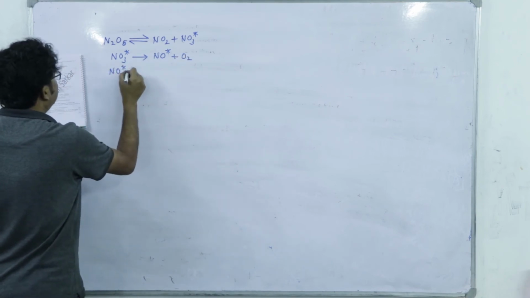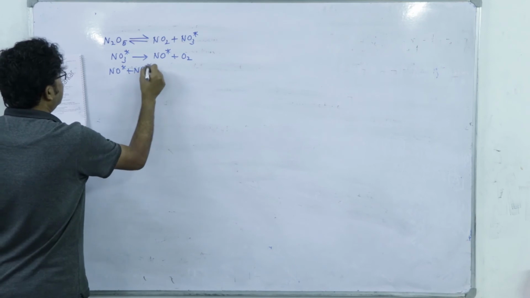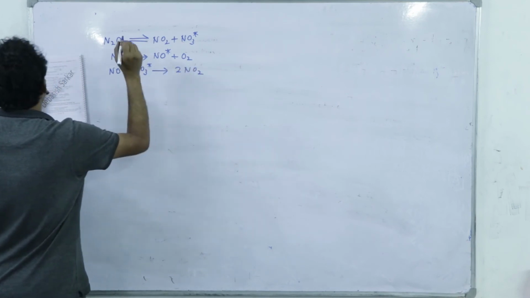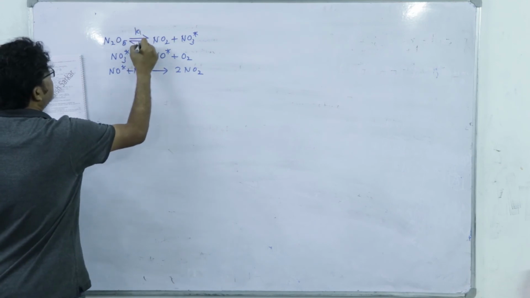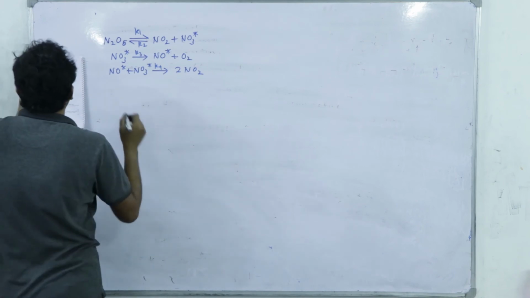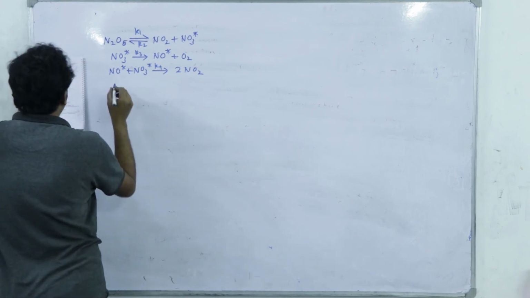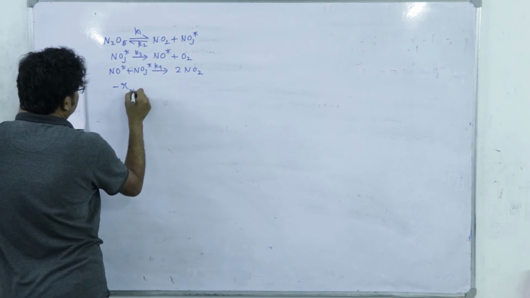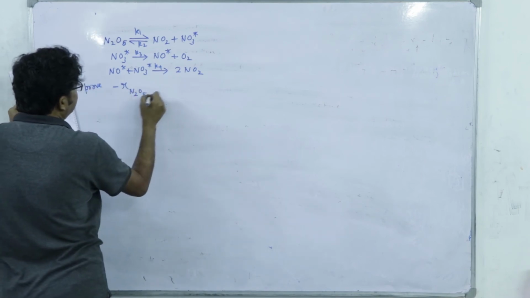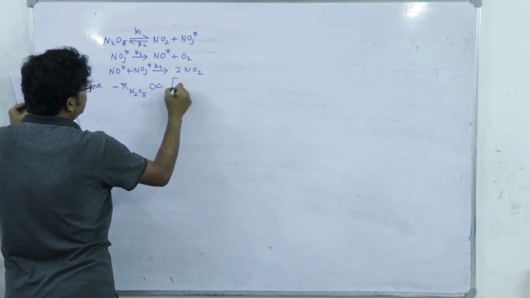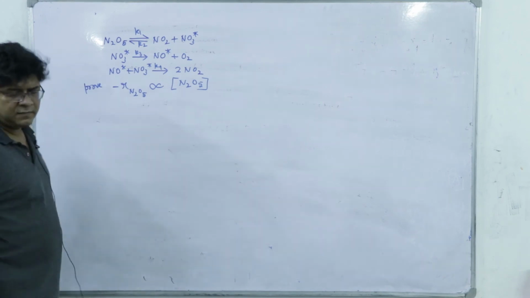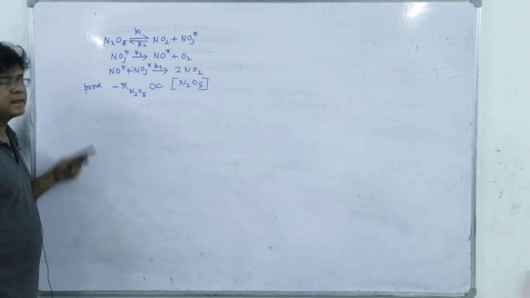Now, NO star reacts with NO3 star giving 2NO2, and the rate constants K1, K2, K3 and K4. So, can explain the observed first order kinetics. So, what we have to establish? Prove that rate of N2O5 is proportional to the concentration of N2O5. So, this is the typical first order kinetics we have, right.